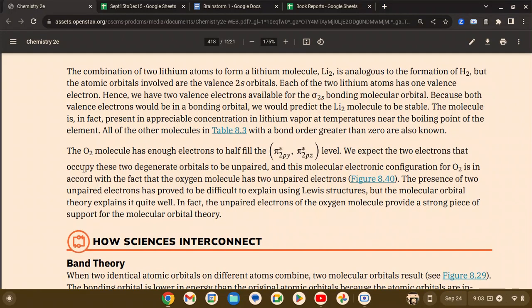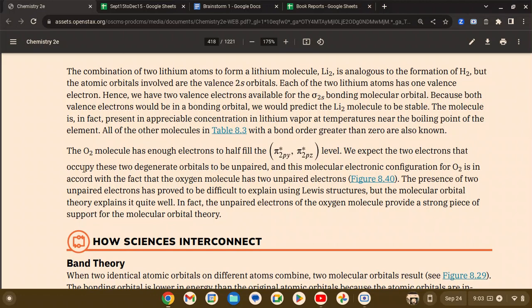The combination of 2 lithium atoms to form a lithium molecule is analogous to the formation of H2, but the atomic orbitals involved are the valence 2s orbitals. Each of the 2 lithium atoms has 1 valence electron. Hence, we have 2 valence electrons available for the sigma 2s bonding molecular orbital.